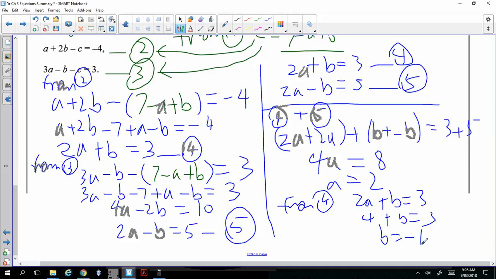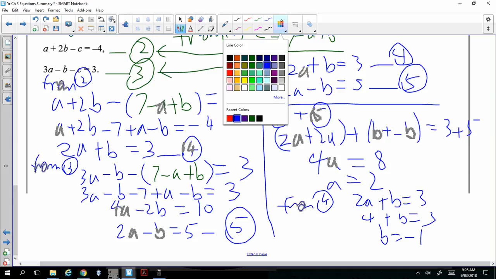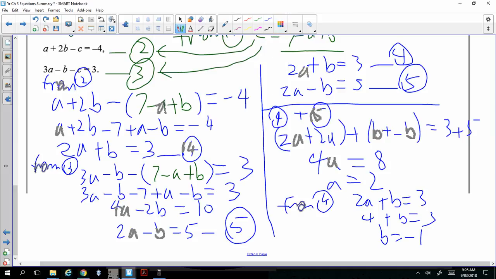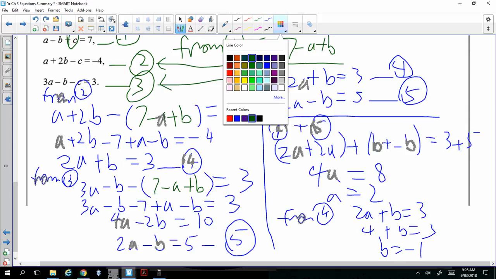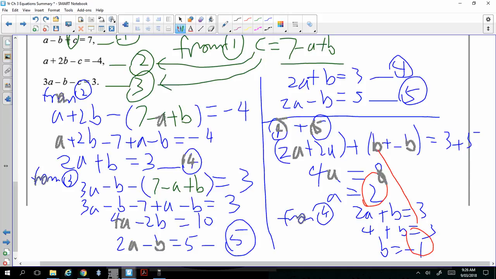So we substitute these two in there, right? So you get 7 minus 2 plus negative 1, which is 4. So C is 4. So you got A equal to 2, B equal to negative 1, C equal to 4. All the polynomials found with 3 equations.